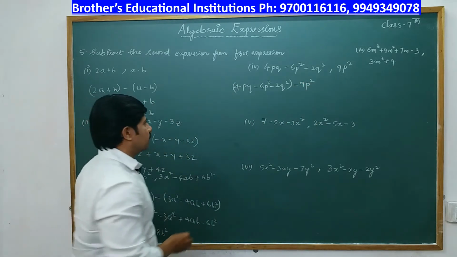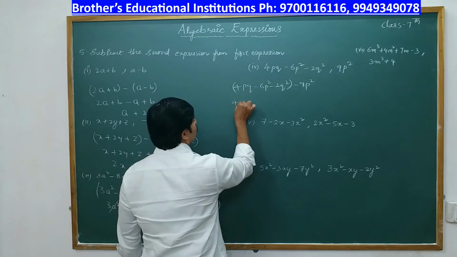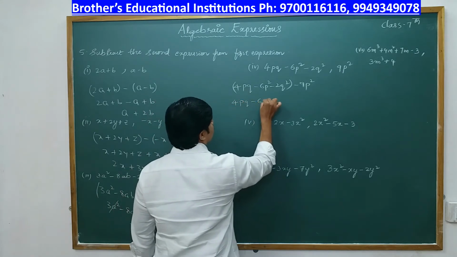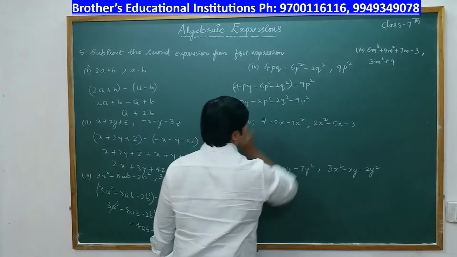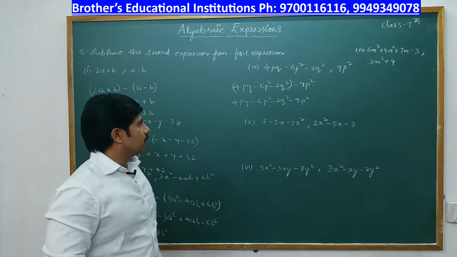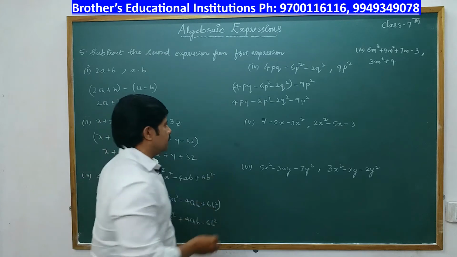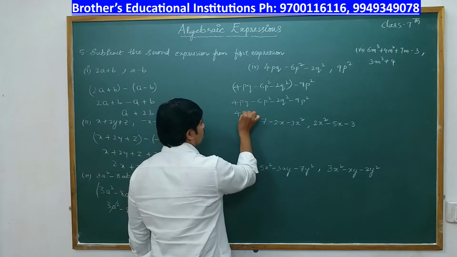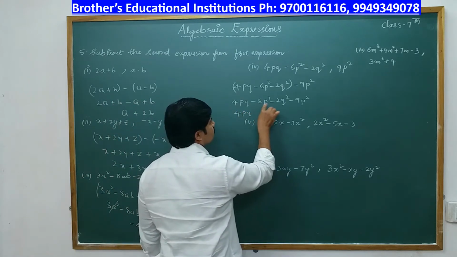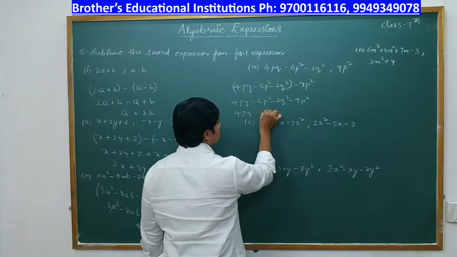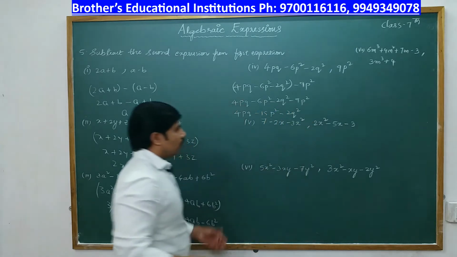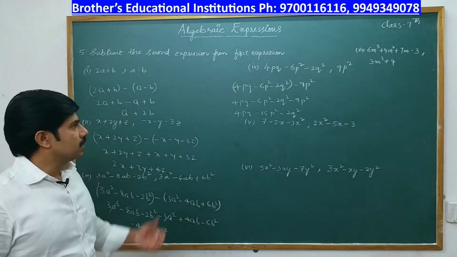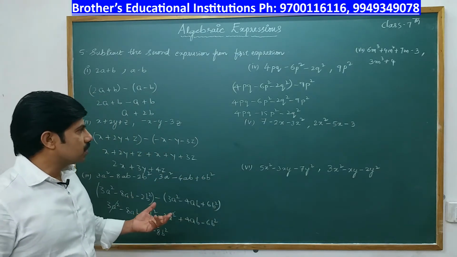Now we'll simplify this. 4pq as it is, then minus 6p square minus 9p square is minus 15p square, and minus 2q square we bring down as it is. So this is over.